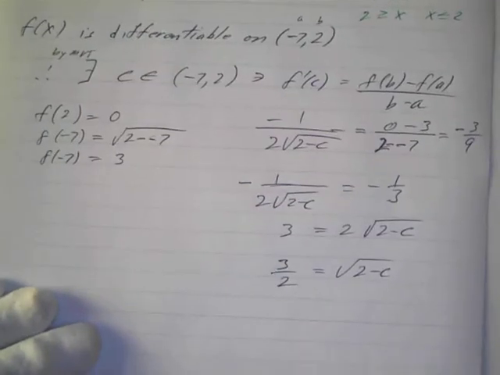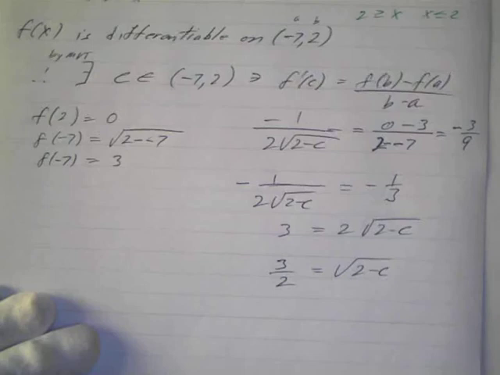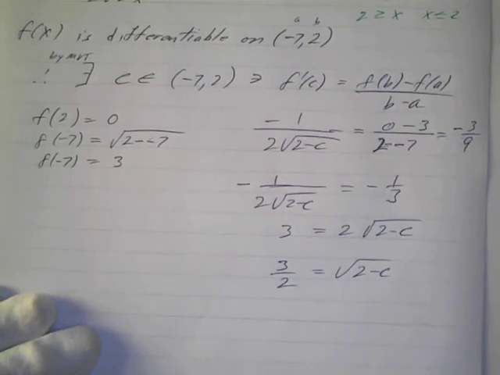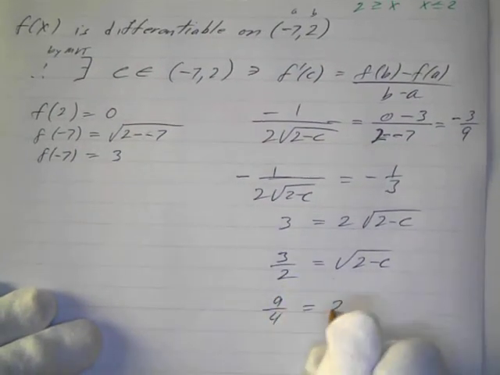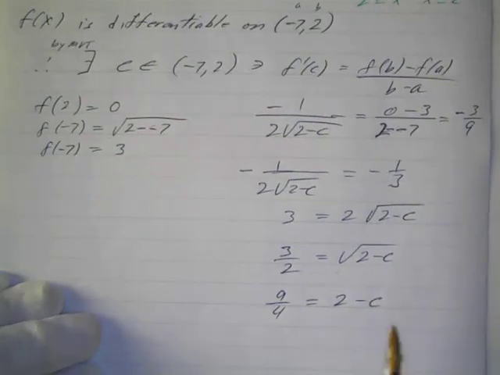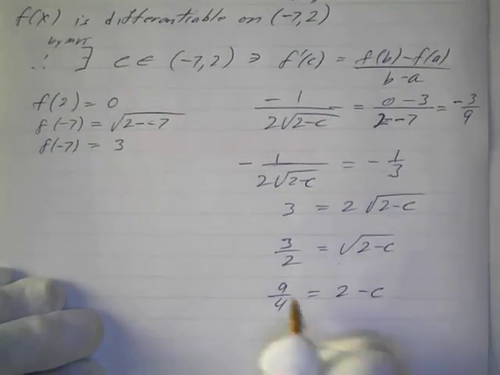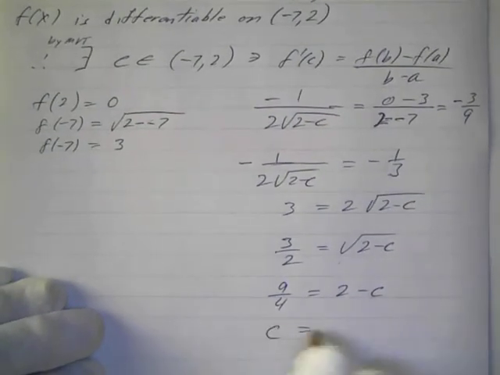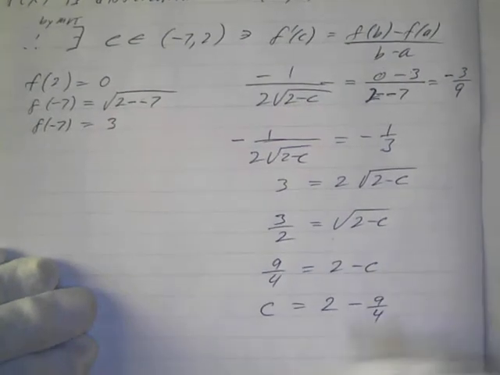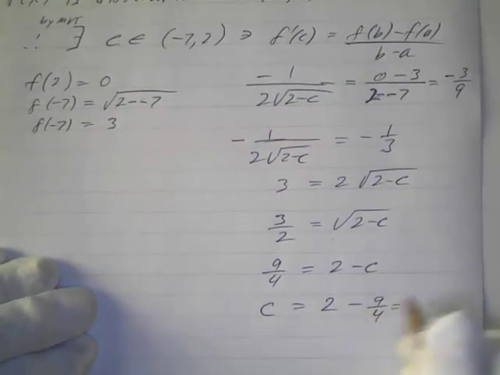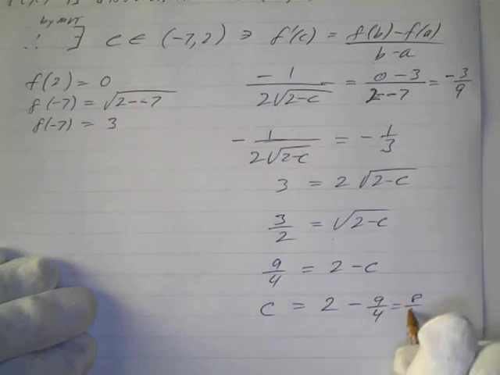And then we can square both sides. If I square this, I get 9 over 4 equals 2 minus c. Then if I add c to both sides and subtract 9 over 4, I get c equals 2 minus 9 over 4. That's the same thing as 8 over 4 minus 9 over 4.